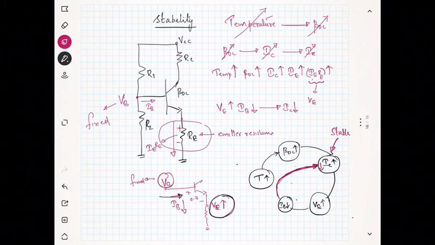So whenever IC becomes stable, automatically it will lead to the stability in VCE also. We can see VCE is here, the voltage between the collector and the emitter. So this is regarding the qualitative analysis regarding the stability of the voltage divider bias, okay.